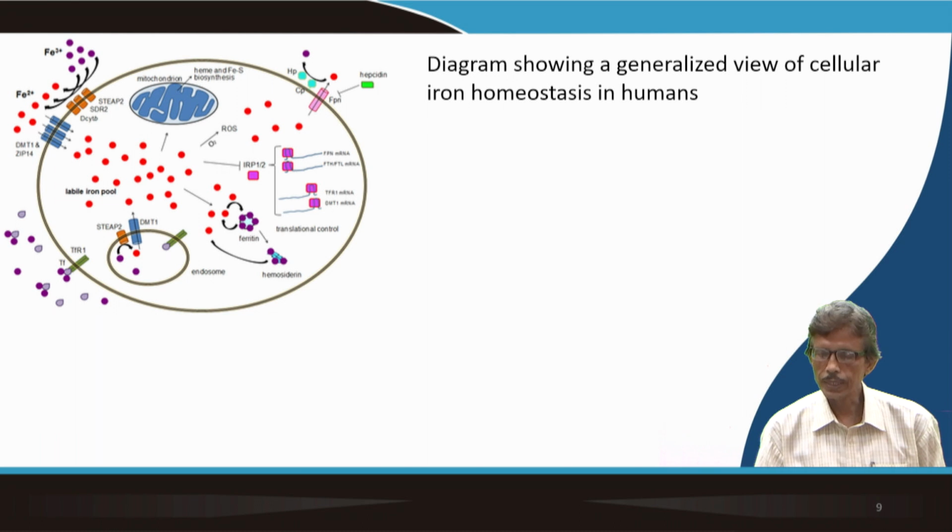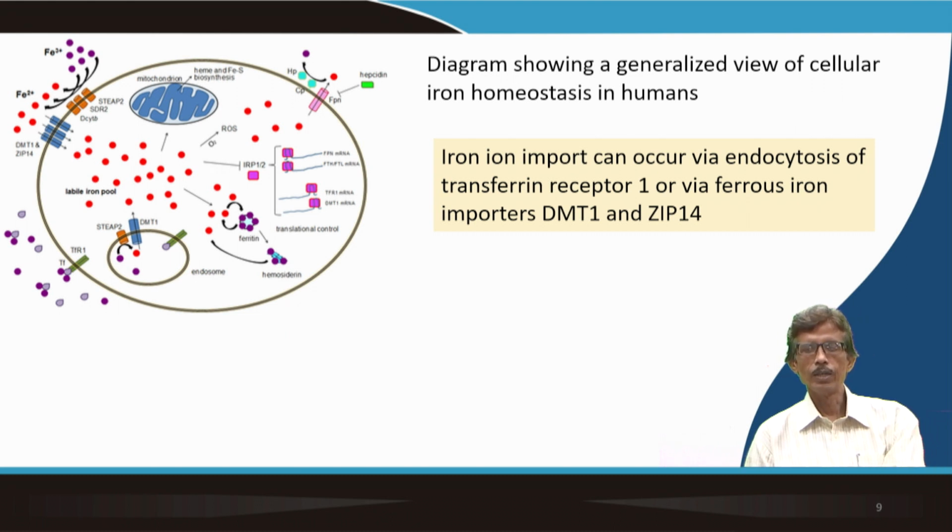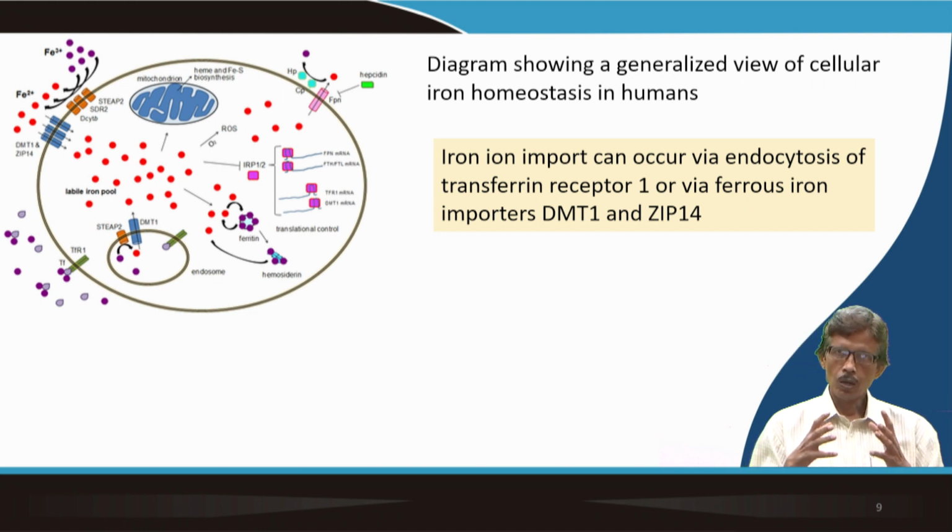Similarly, within the cell, cellular iron homeostasis is basically telling us how in humans we can have endocytosis, then the transferrin receptors. We will talk about these again and again, but now we try to know all these DMT1, the divalent metal ion transporters.